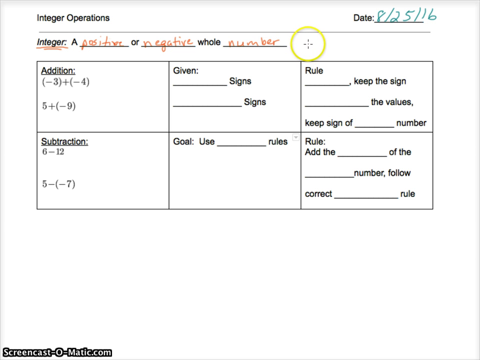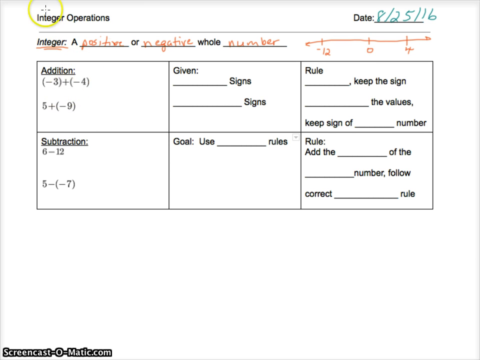So if we have a number line and we put 0 down, integers go both directions. So an integer could be a positive 4 or negative 12. These are both integers. They're positive and negative whole numbers.